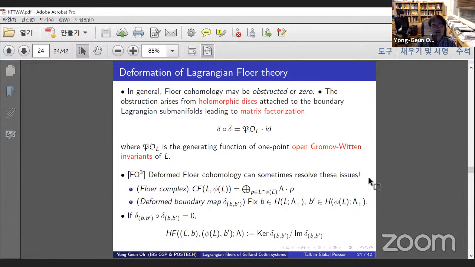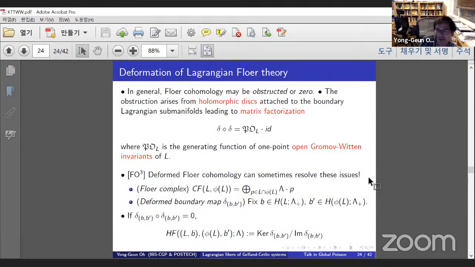And in general, delta square turns out to be the so-called potential function, which is a generating function of the so-called one-point open Gromov-Witten invariant. One point means you look at all holomorphic disks with one marked point on the boundary, and you try to count those holomorphic disks with that one-point constraint.